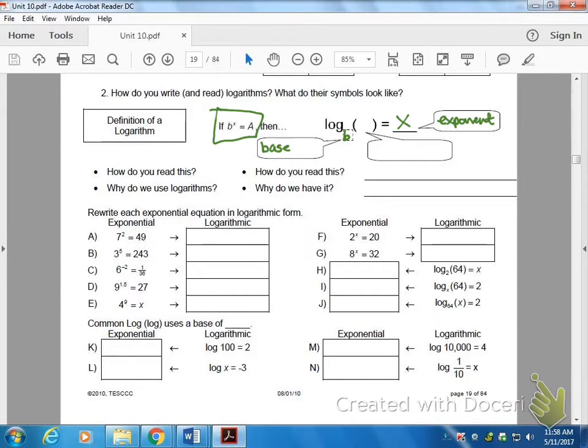And then the a will be in the parentheses, and we call that the argument. So the way we read this is we say log base, in this case our base is the b, log base b of a equals x.